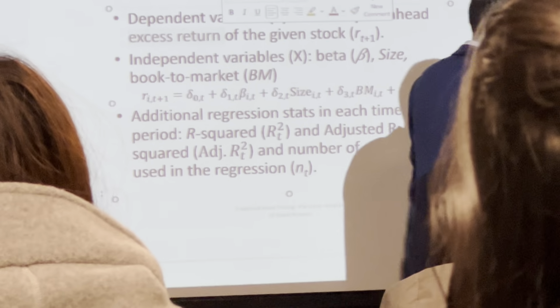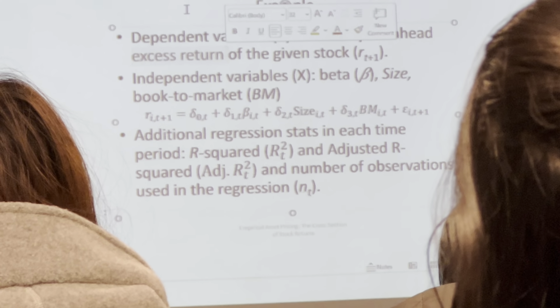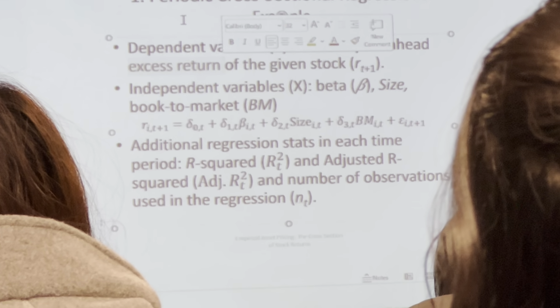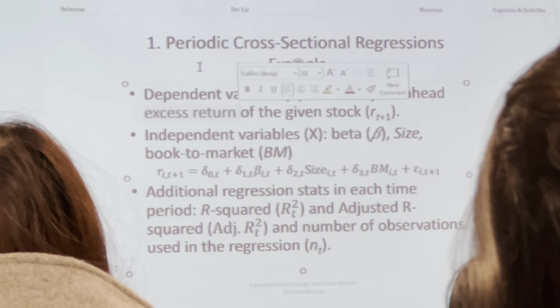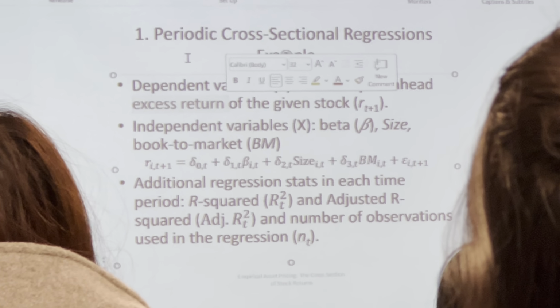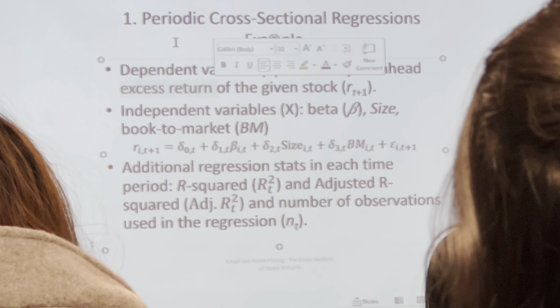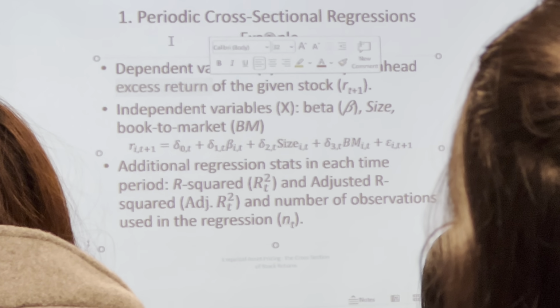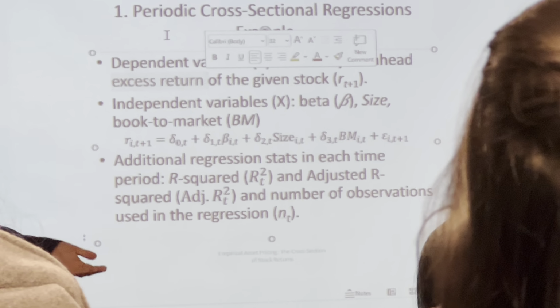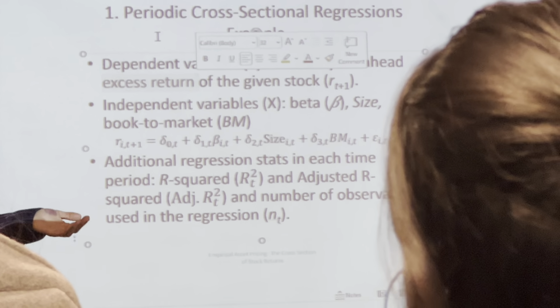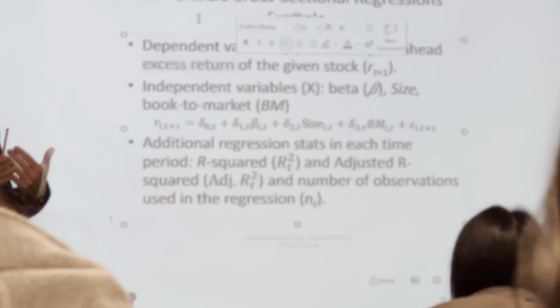So if you want to run it with excess return, this is the correct way to do it. Then you need to bring the risk-free into the data set.